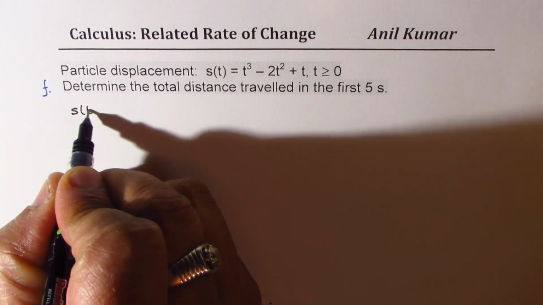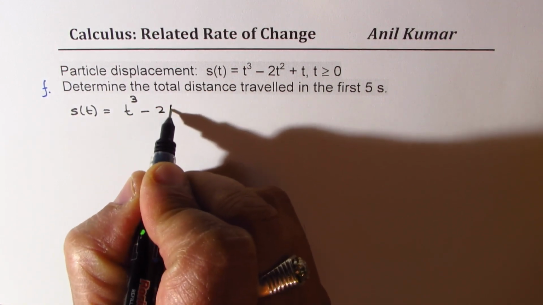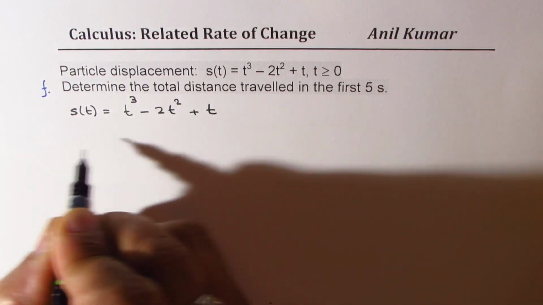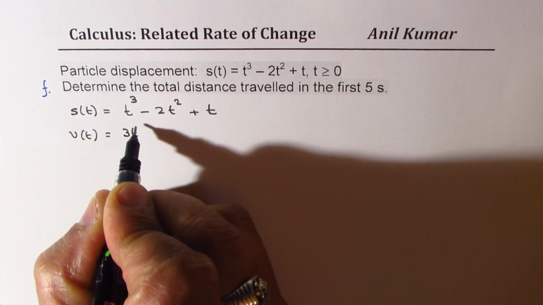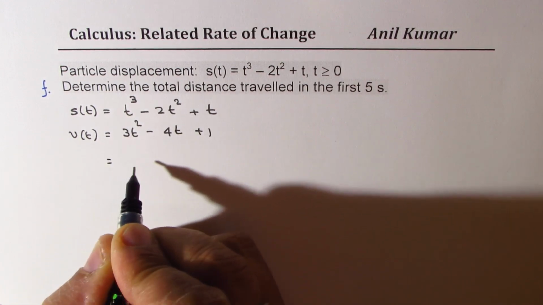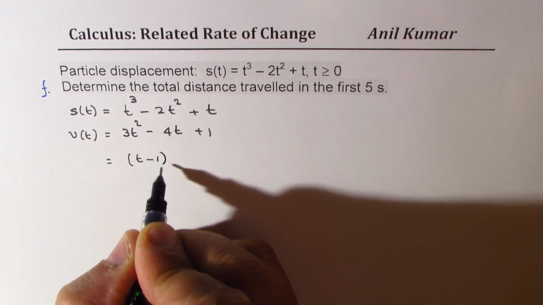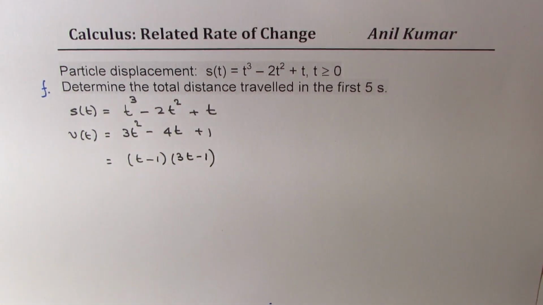So let's rewrite the displacement function, which is t cubed minus 2t squared plus t, and its derivative, velocity, will be 3t squared minus 4t plus 1, which can be factored and written as t minus 1 times 3t minus 1. Now it clearly indicates that there are 2 turning points here.